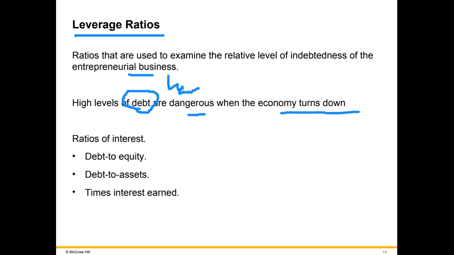Then there is the debt to equity ratio, the debt to assets ratio, and the times interest earned ratio. These are very crucial ratios that we have to look into in business analysis.